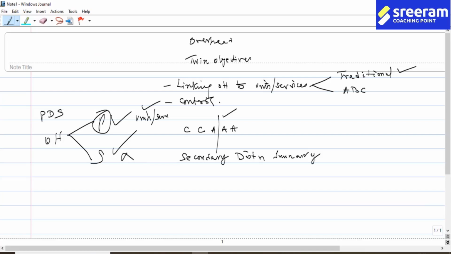So there will always be a challenge as to what we should do with overheads allocated against the service department.